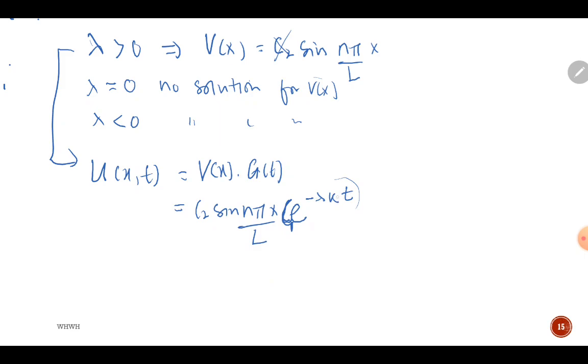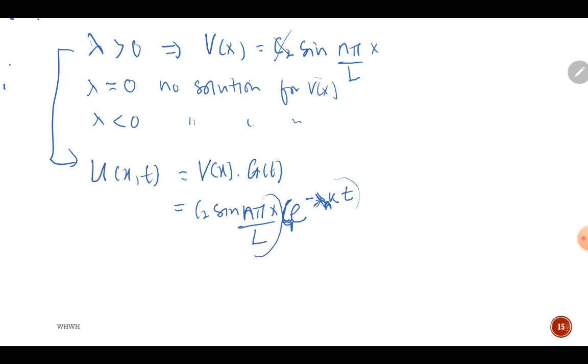C here means the C that belongs to GT. K here is a constant, and this one is lambda n. Okay, lambda n. And because this one is n pi x over L.